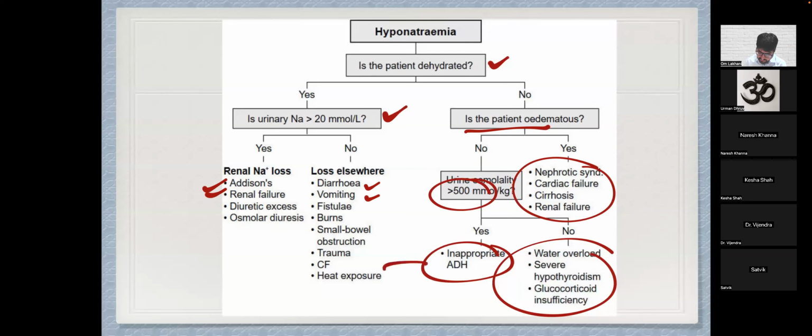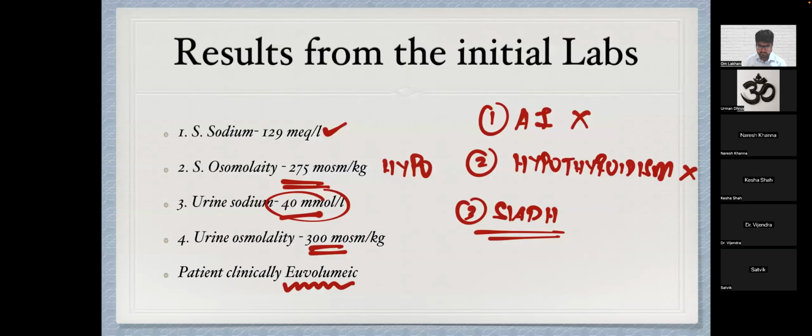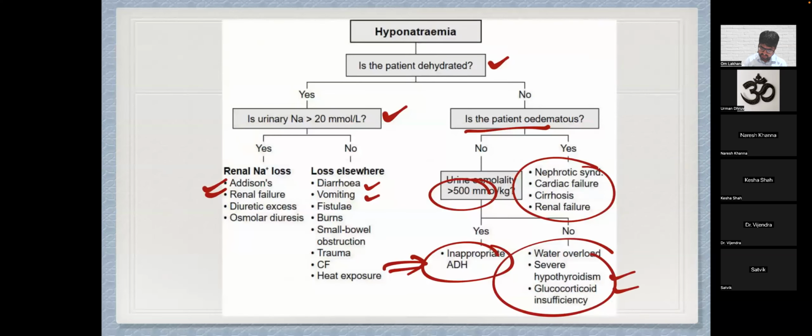But again, I'll repeat, SIADH also is a diagnosis of exclusion. So even if you think of SIADH, think of these two conditions first before you diagnose SIADH. So in this case, typically you can see urine osmolarity is 300. So everything points towards this direction. You can see over here.